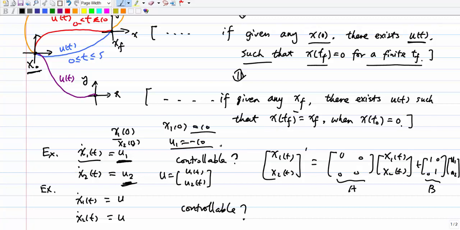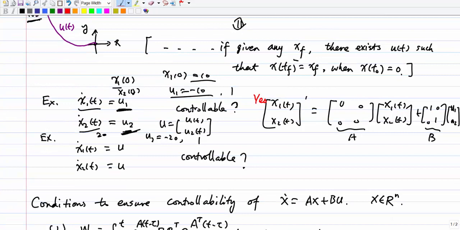It takes 1 second to drop from 10 to 0, right? Similarly for any other state. If it's 20, just say u2 is negative 20. It still takes 1 second for u2 to drop from 20 to 0. So yes, this is controllable.